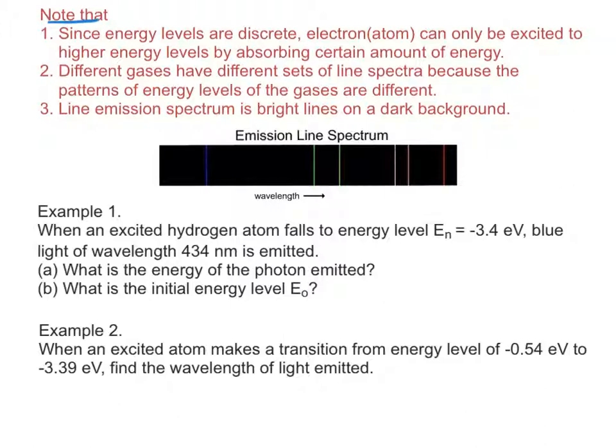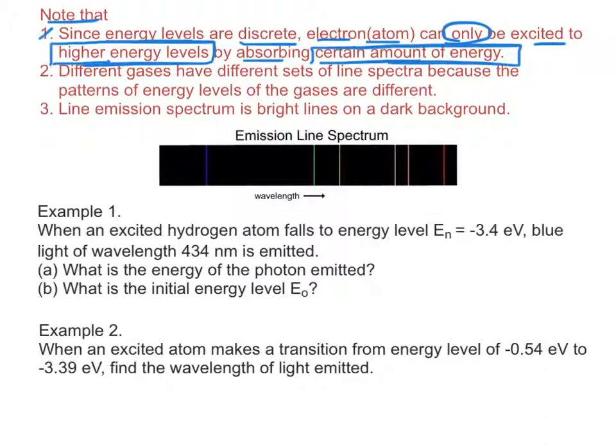Note that, first, since the energy levels are discrete, the electron or the atoms can only be excited to higher energy levels by absorbing a certain amount of energy.